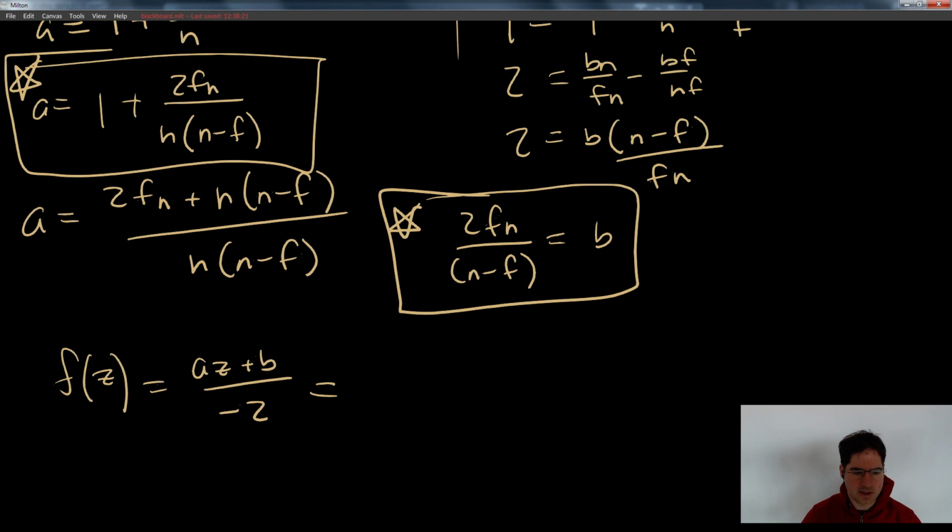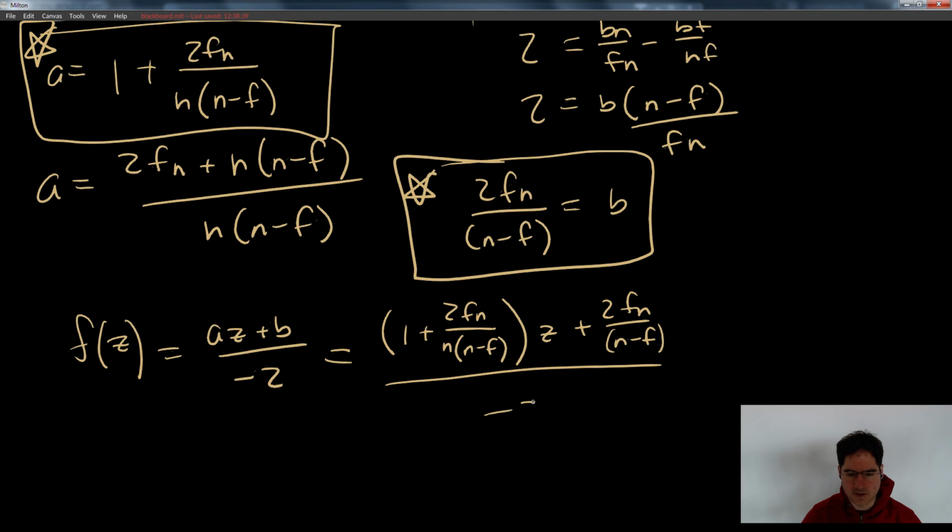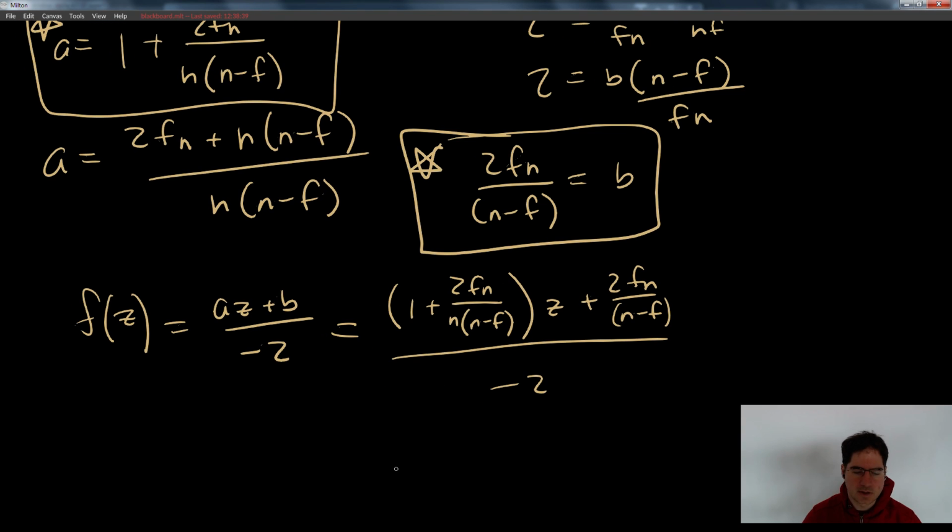If I write that out longhand, I just get 1 plus 2fn over n minus f times z plus 2fn over n minus f, all over negative z, right?